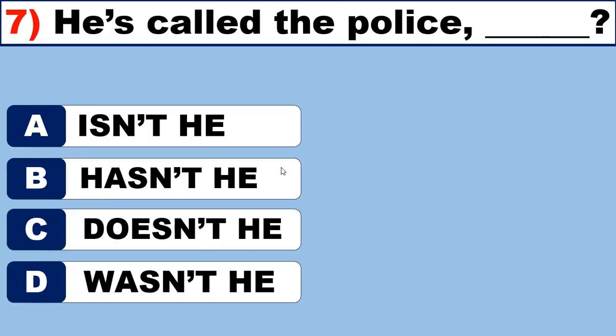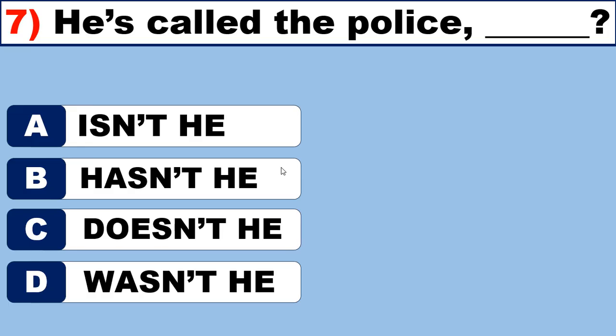Number 7. He's called the police. Here also it is the same. He's called the police. Isn't he? Hasn't he? Doesn't he? Wasn't he? So number 7. Here also he's can be he is or he has.